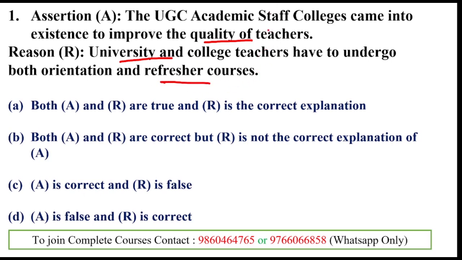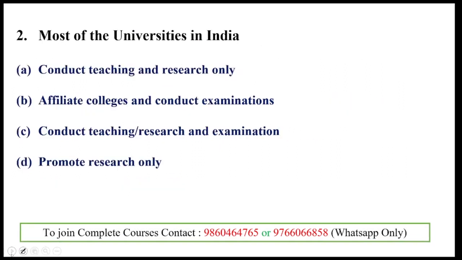So the question deals with the UGC academic staff colleges, and it is formed to improve the quality of teachers, and for this the teachers will have to undergo both orientation and refresher courses. Both assertion and reasoning are right, and R is the right explanation of A. Clear?